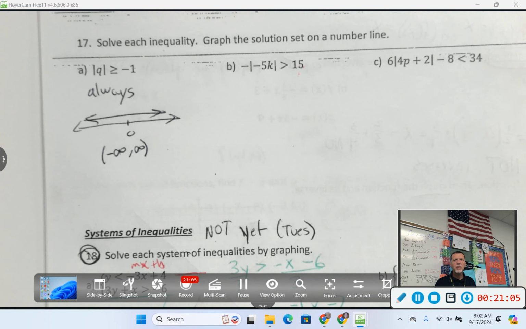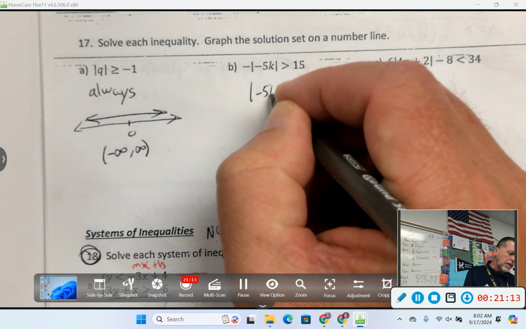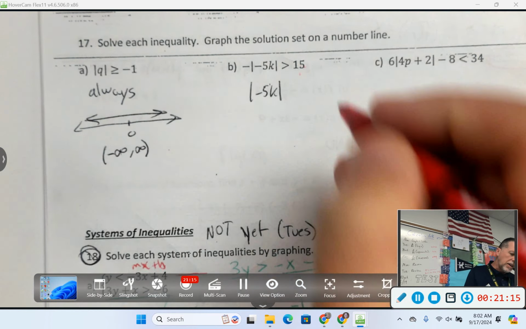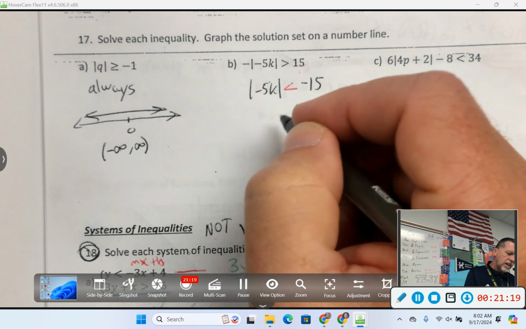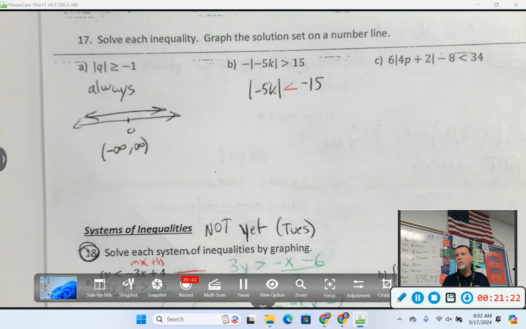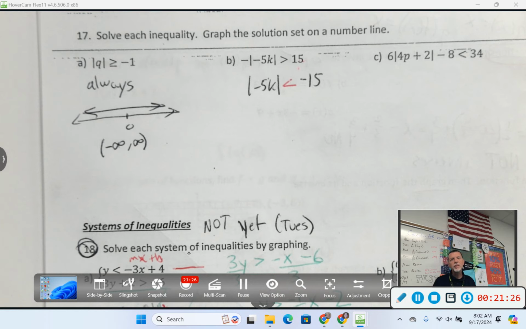B is the same thing, right? Oh, yeah, because when you divide by a negative, I made a mistake. Divide by -1, it becomes less than. And that won't work. You can't have absolute value less than a negative. It does not matter what's inside there. Some people were thrown off, like, oh, but it's a -5K.